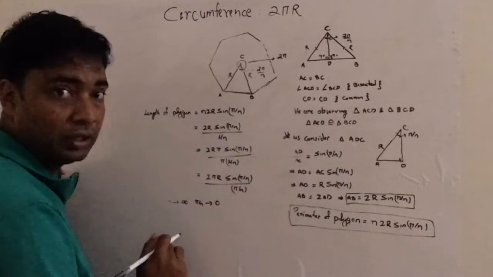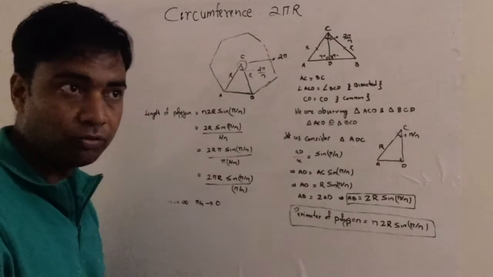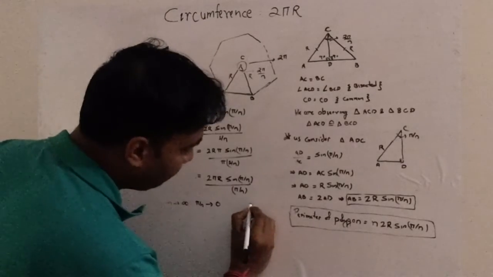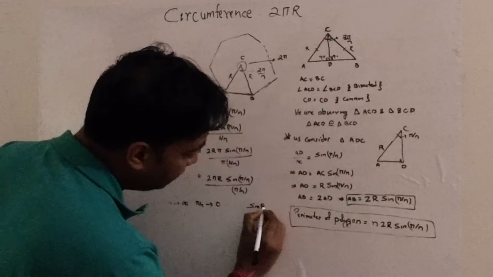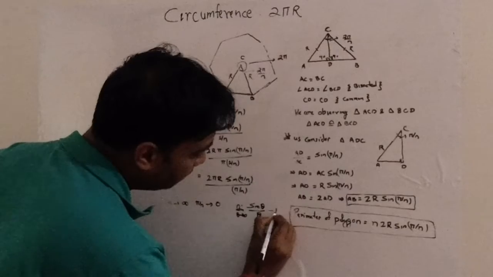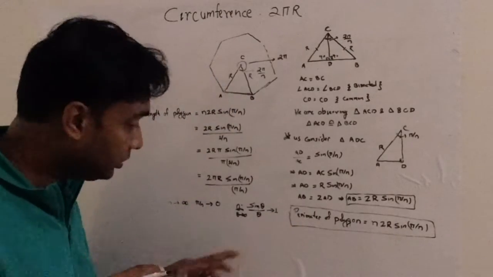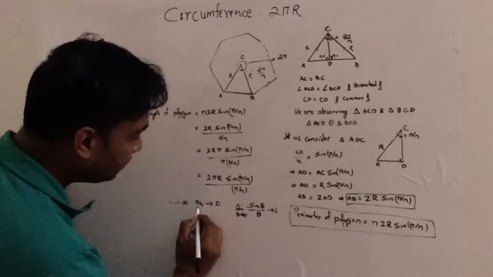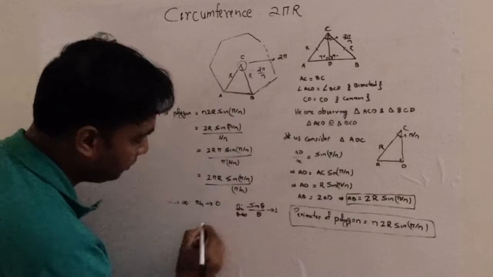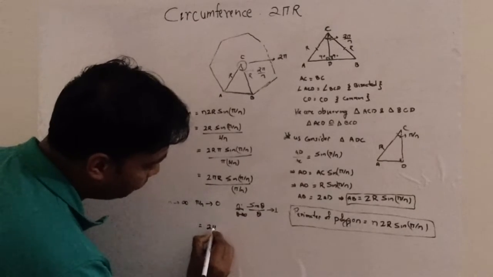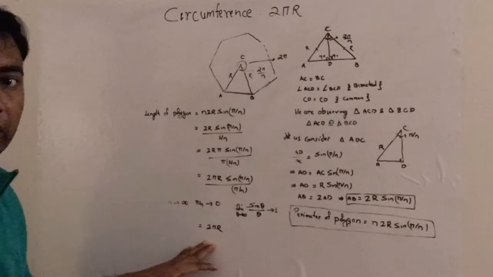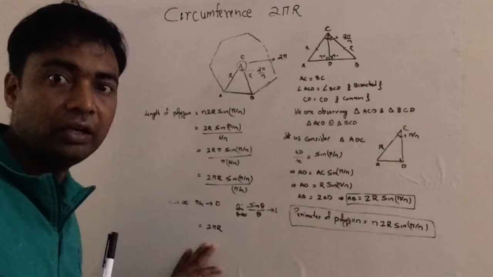And from the fundamentals of calculus, we know that sine theta over theta, in the limit as theta tends to 0, will tend to 1. It means that as n approaches infinity, pi by n approaches 0, and this whole thing will be reduced to 2 pi r, which is nothing but the length of a polygon having n sides, where n is infinity.